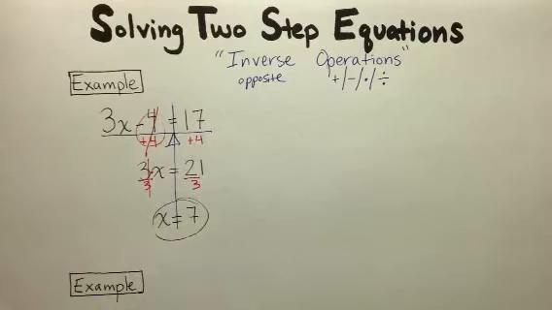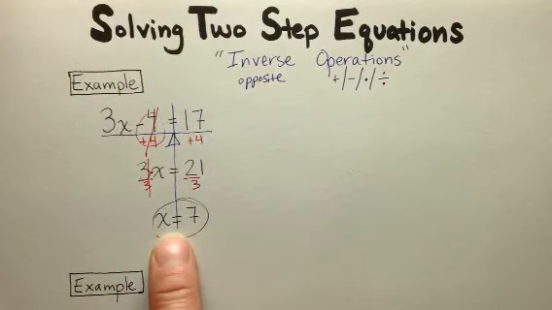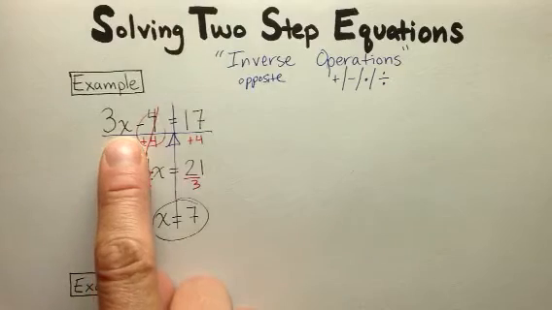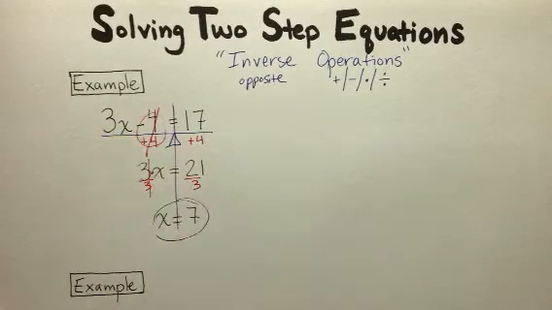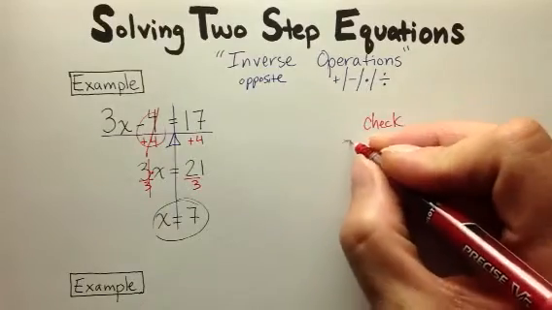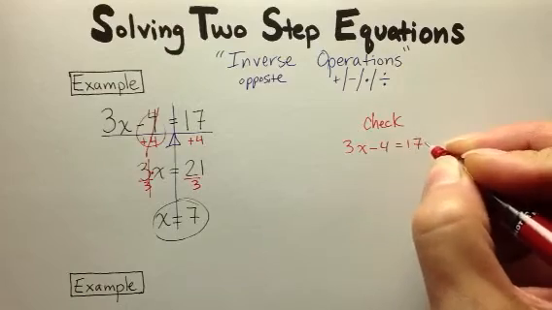And that's my solution. Now, remember, I want to always check my solution. A solution is the value for the variable, the value that when you substitute into the original equation makes it true. So I'm going to come over here and check. 3x minus 4 equals 17.